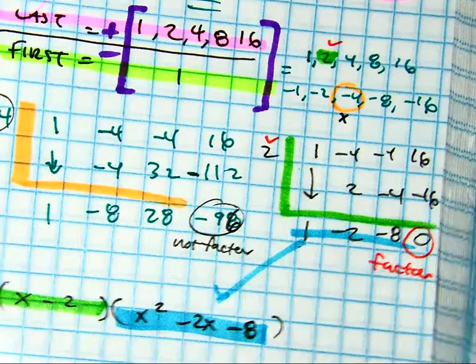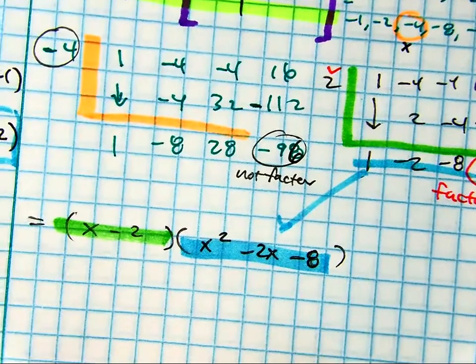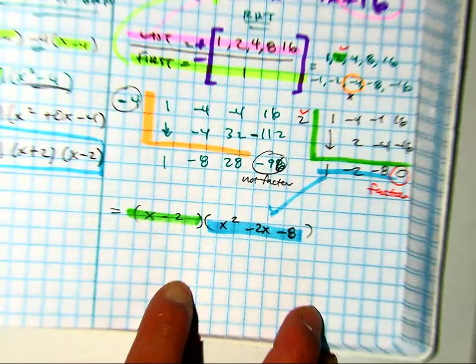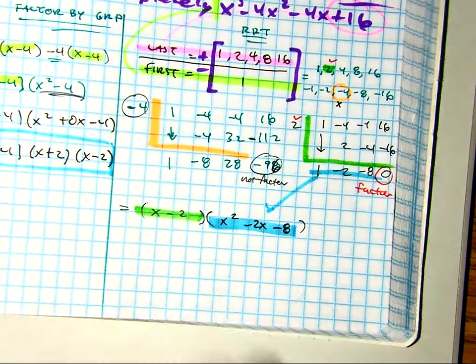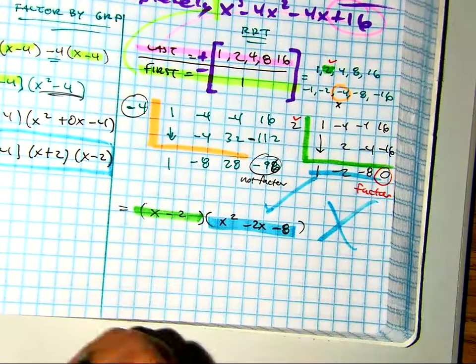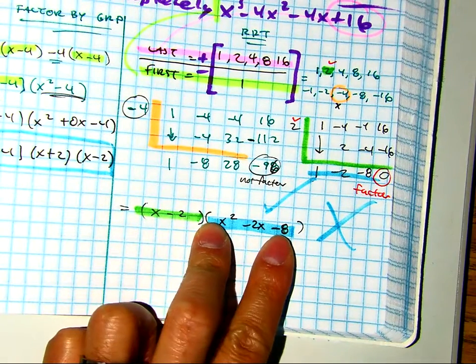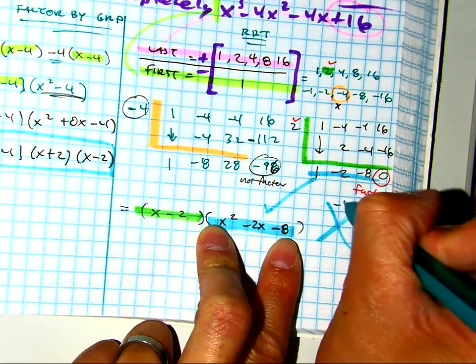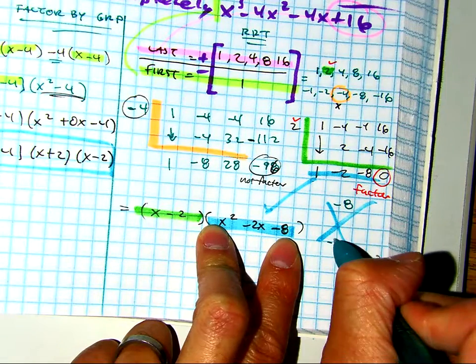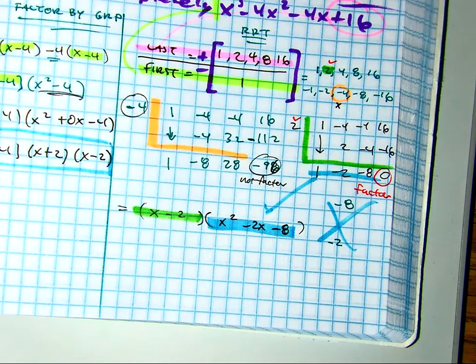Okay, are we done with the problem? Did I factor completely? No. I'm going to use my x now. Class, A times C. B value. Two numbers that multiply to be -8.